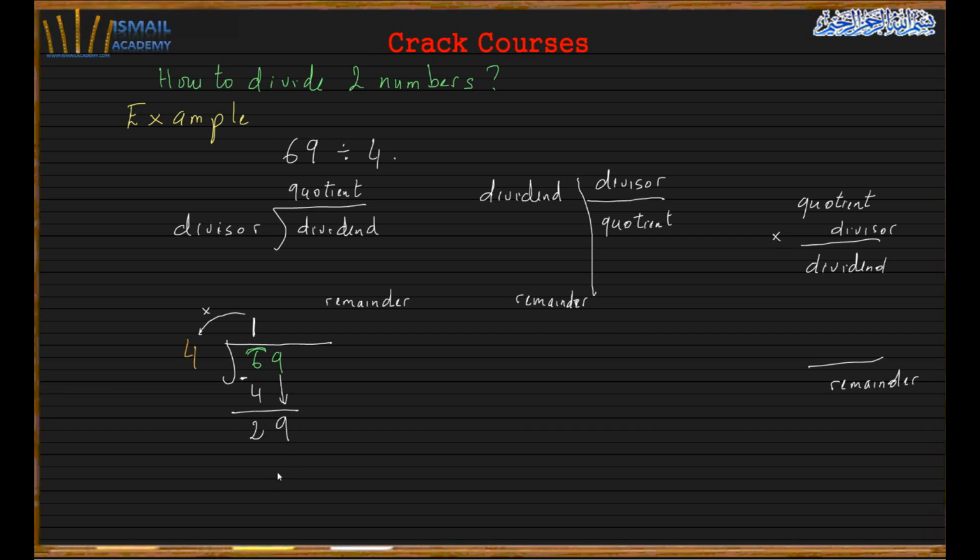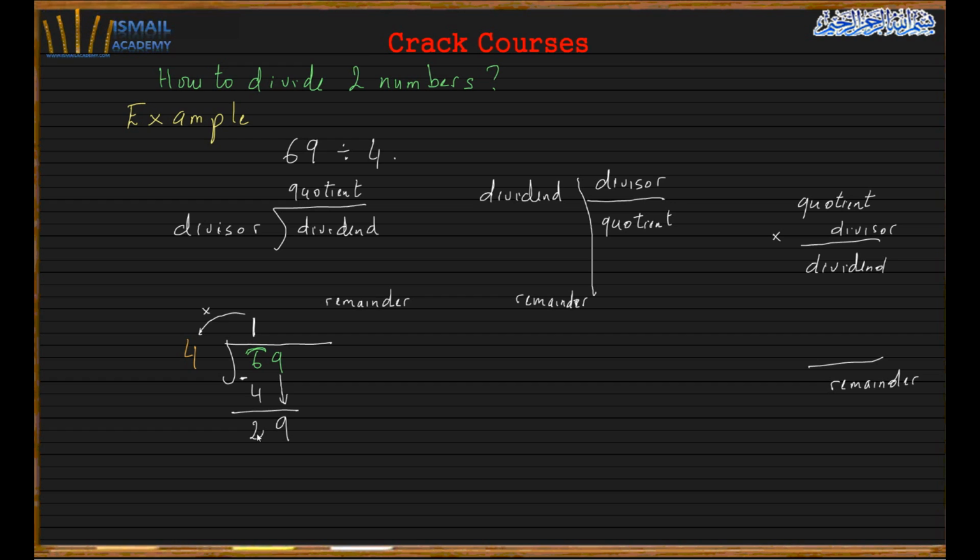I will ask the same question again, how many 4 is in 29? In other words, which number times 4 will give me 29, or a number close to 29?